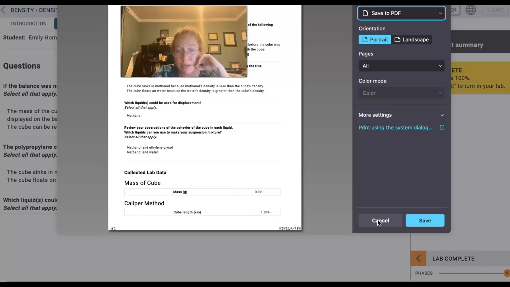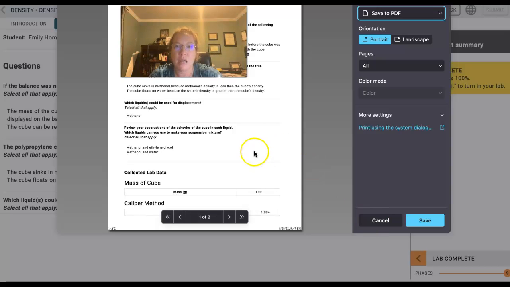Each of them should be unique, so please do not try to copy or send between classmates. They're unique to your student account, so just make sure that you have your own unique lab, and just save that, because I will pull up your lab grades from the lab directly.